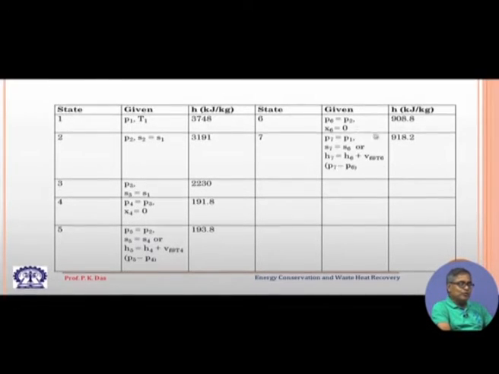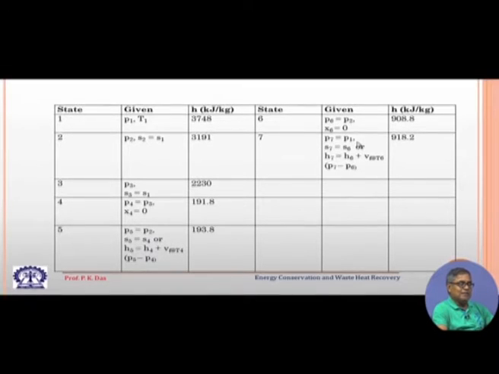Then again we have used another pump, P2. For P2, the inlet pressure will be P6 and the outlet pressure will be equal to the boiler pressure.